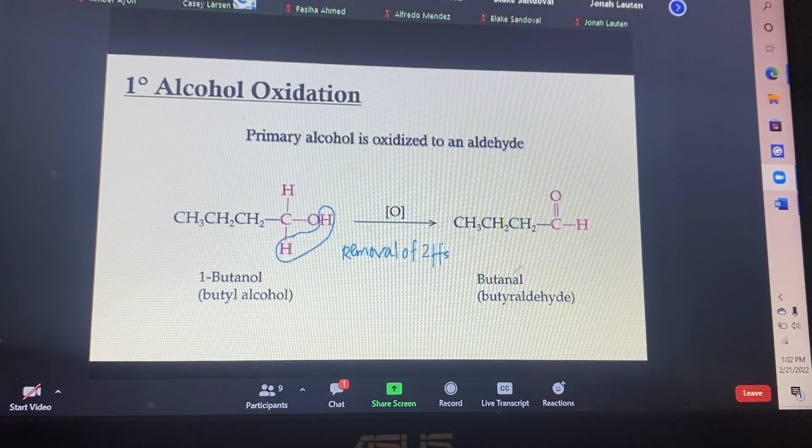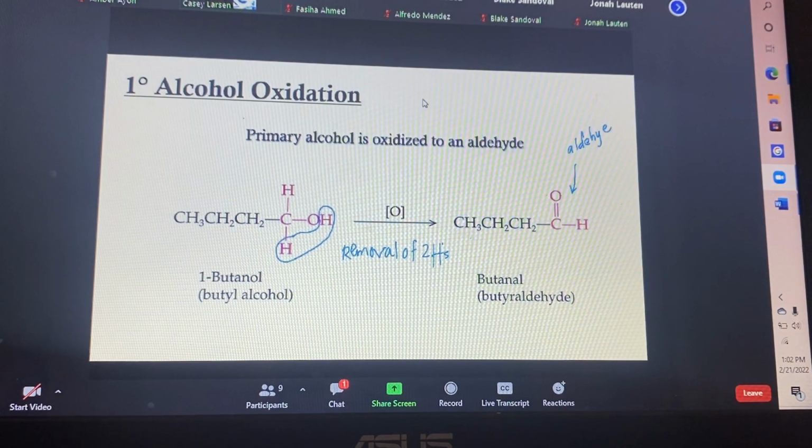If we remove those, and what we need to do is oxidize the alcohol to form an aldehyde. So this is an aldehyde.